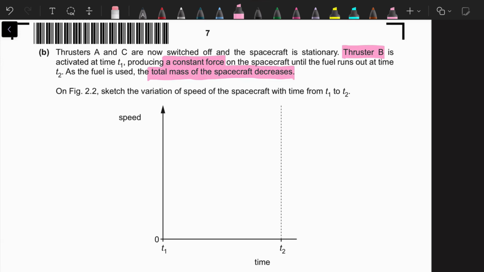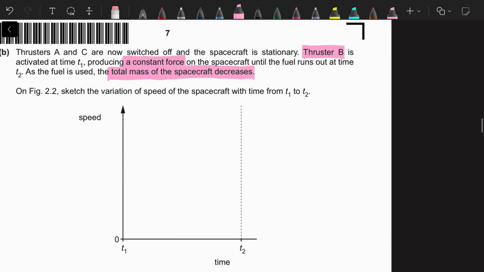Now what we know is about the constant force and the mass is decreasing. If I write the formula F equals ma, my force is constant, my mass is decreasing. Therefore, to ensure my force is constant, my acceleration has to increase.